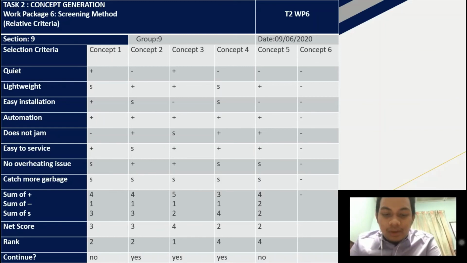So in the ranking, concept 3 is number 1, concept 2 and 1 we rank as both number 2 because they have the same value, and concept 4 and 5 we rank at number 4 because they also have the same value. For whether we continue or not, concepts 2, 3 and 4 we continue based on the net score, but concept 1 and concept 5 we cannot continue because of certain issues that we have decided.